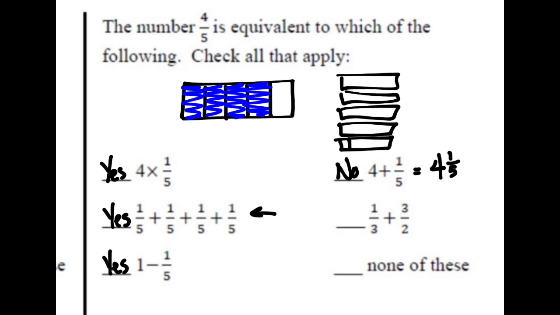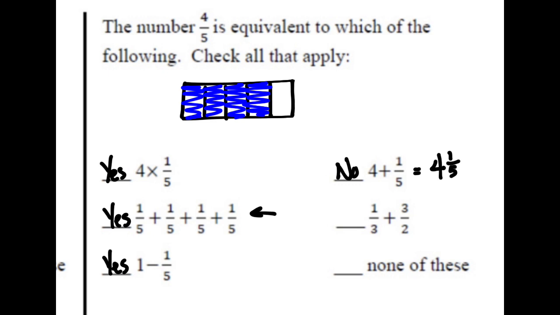And then just 1/5 of the last one. Okay, you get the idea. On this last one, it's also wrong because notice the 3 and the 2 are not the same. You cannot add thirds to halves and get fifths.